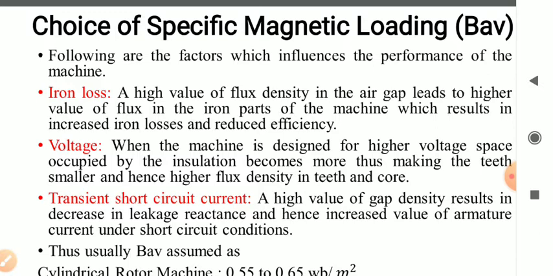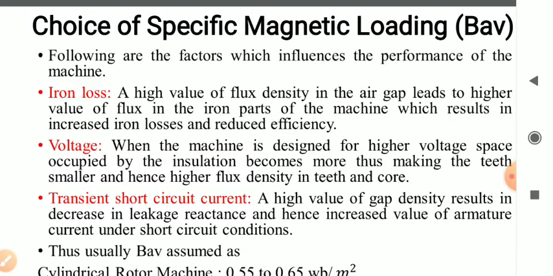So the higher values of the specific magnetic loading and specific electric loading are always preferable, but the specific magnetic loading and electric loading both influence the other performance parameters of the synchronous machine, and that's why the proper choice of both specific magnetic and electric loading is very important.